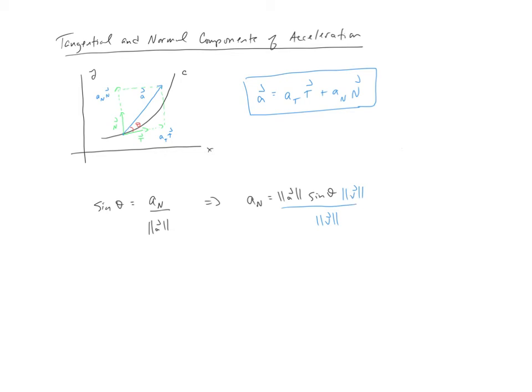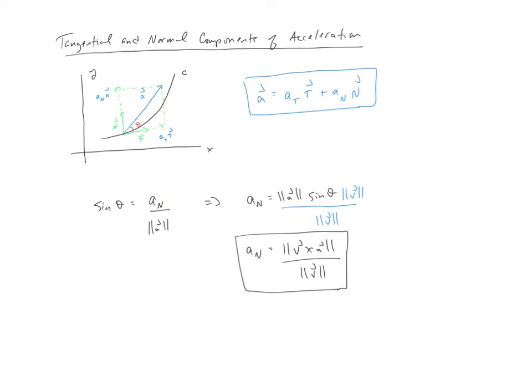The magnitude of v times the magnitude of a sine theta is actually the magnitude of the cross product. So a sub n is going to be the magnitude of v cross a, still over the magnitude of v. And again, that's one we talked about, an angle between two vectors in the last chapter, and so we're just applying that formula again. So there's what a sub n is.